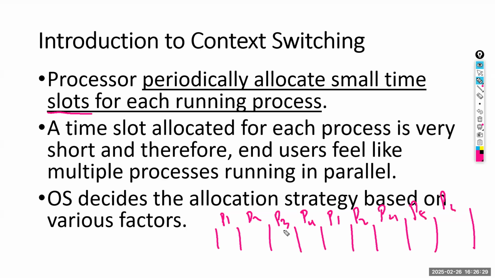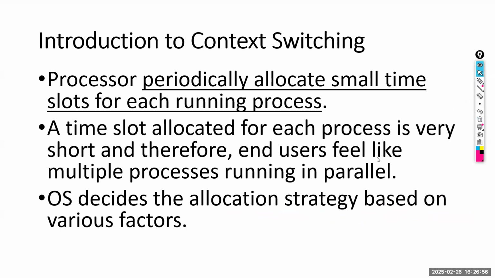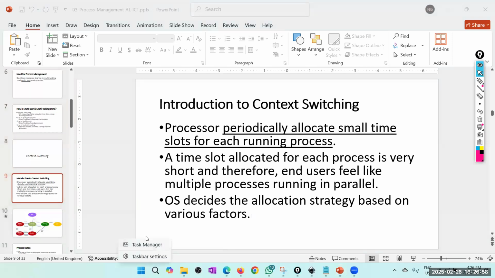So there's no guarantee that it always gives the same order. There can be some changes, but in general, it tries to give a sort of equal opportunity. But again, there's a concept called process priorities. If you are running a high priority process, the operating system will give more time slots, or those processes will be called more frequently. You can look at those things also if you go to Task Manager.